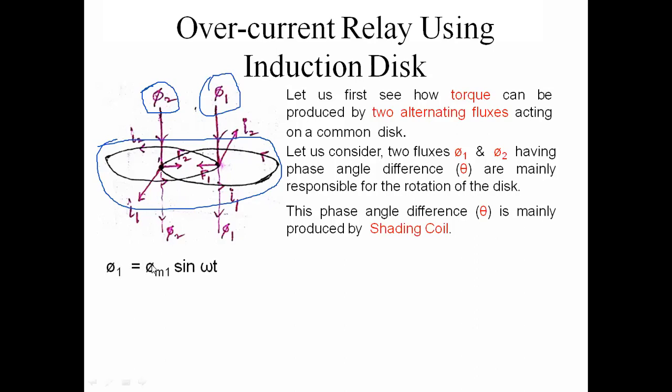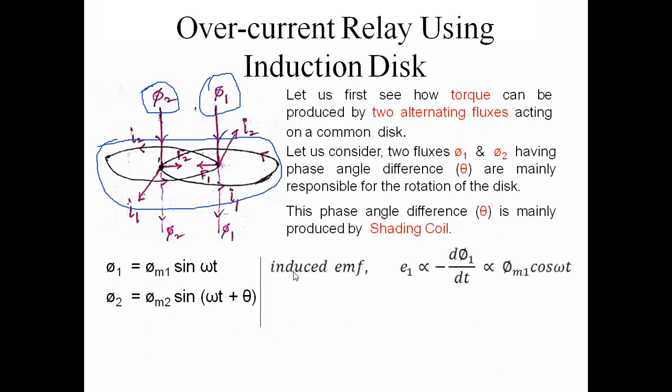First, flux phi 1 equals phi m1 sin omega t. This is the equation for the first flux. Second flux, phi 2 equals phi m2 sin(omega t plus theta), so theta is the phase angle difference between phi 1 and phi 2. Now, from the laws of electromagnetic induction, induced EMF E1 is proportional to minus d phi 1 by dt, that is proportional to phi m1 cos omega t.